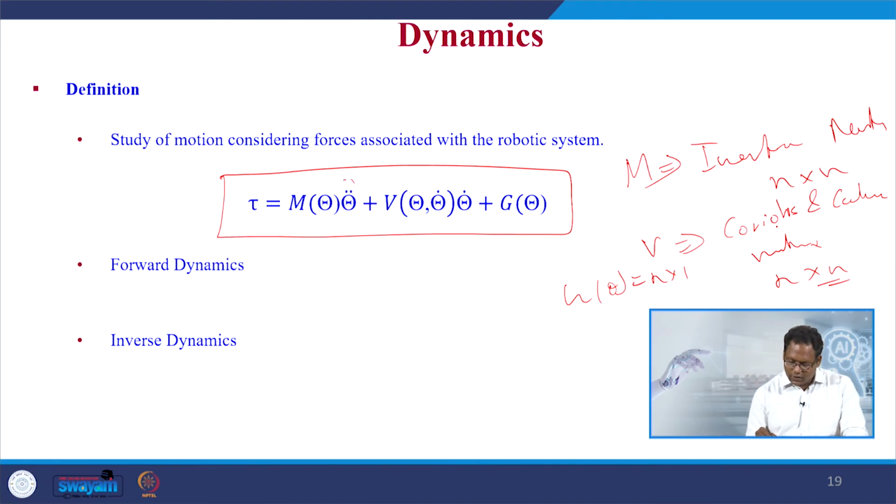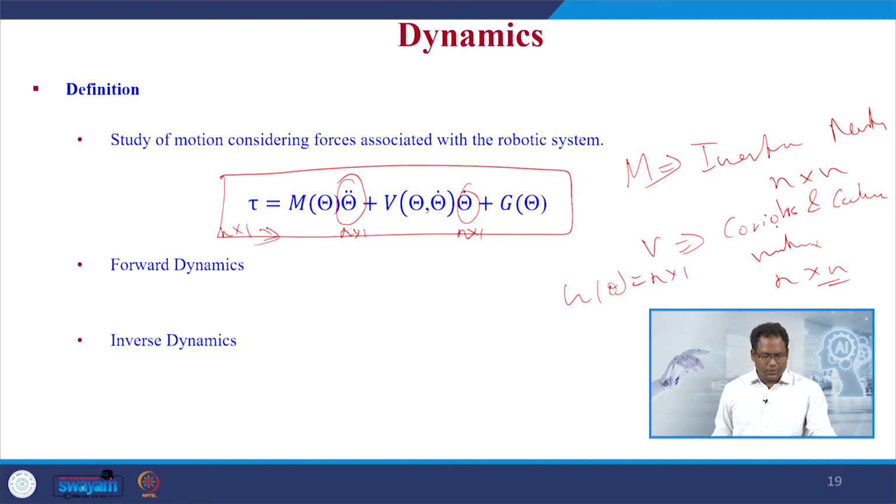Obviously theta double dot is a joint acceleration vector of size n cross 1, and theta dot is a joint angular velocity vector of size n cross 1. So, with this we have the left hand side joint torque, which is also of size n cross 1.